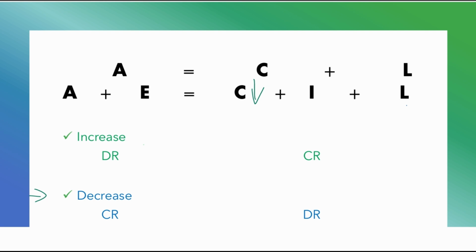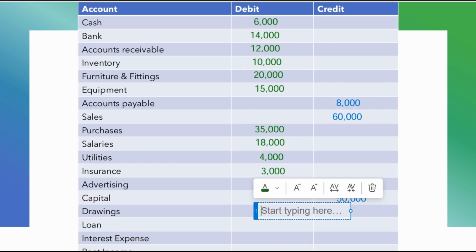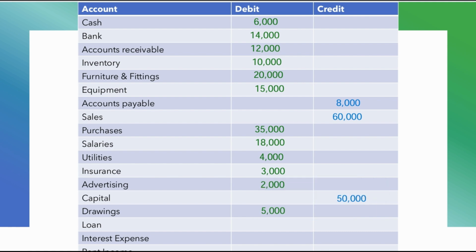A decrease in capital will be debited. 5,000 will be debited. If it's still hard to remember, take a look at the first two letters of the word debit. It's DR. And we also write debit using the term DR, right? That's an easy way to remember.